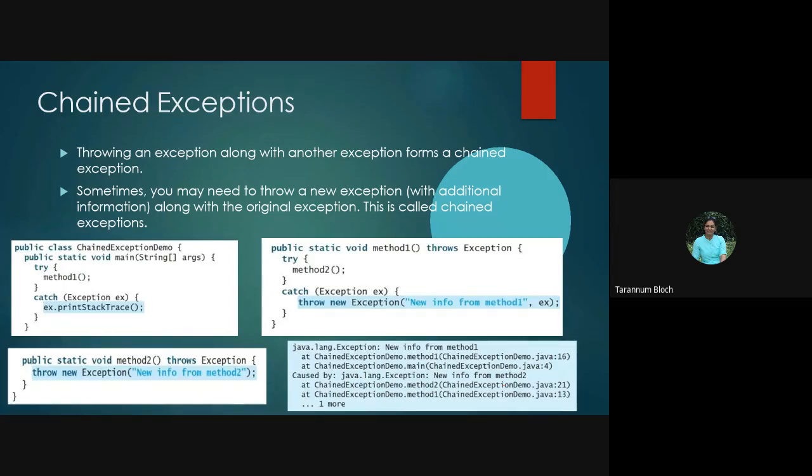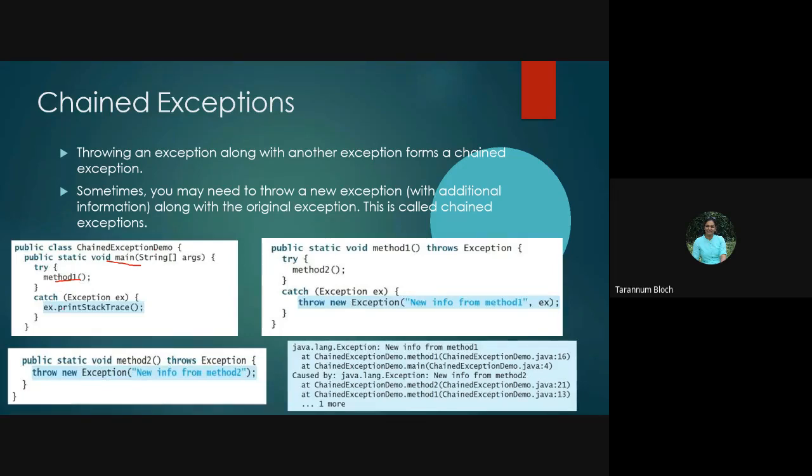Are you getting it? Now what is happening? One of your methods is calling a method. For example, here the main method is calling method 1, right? And method 1 may generate the exception. That's why main has put method 1 into the try catch.